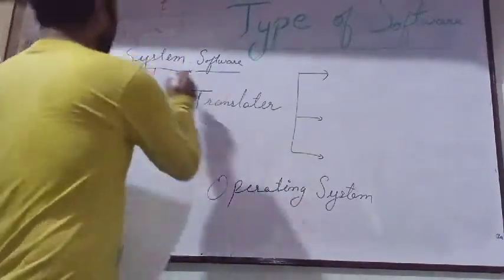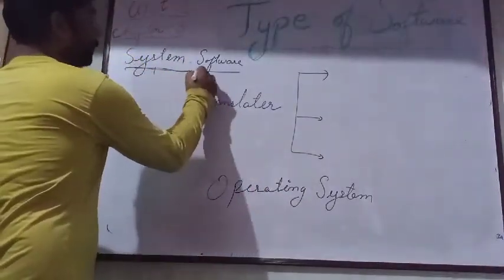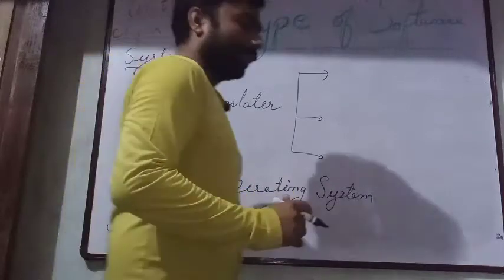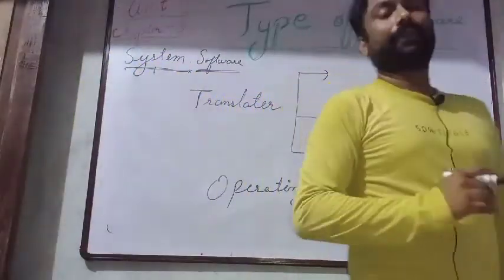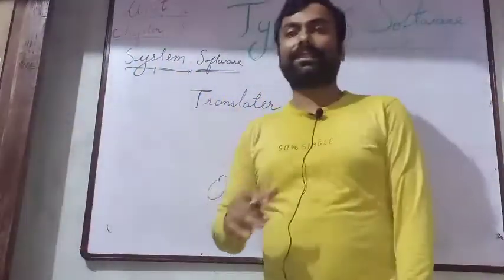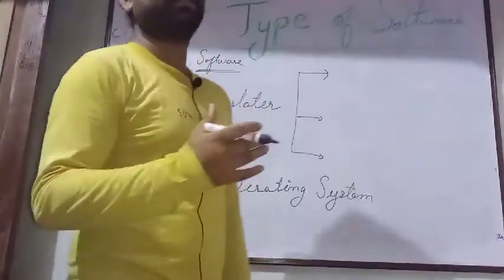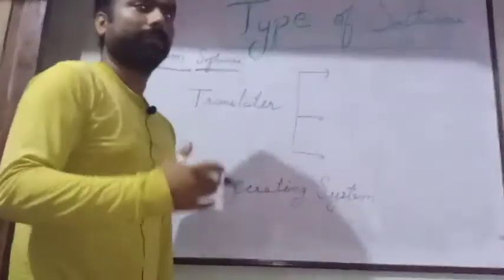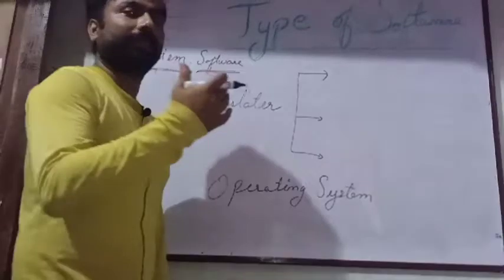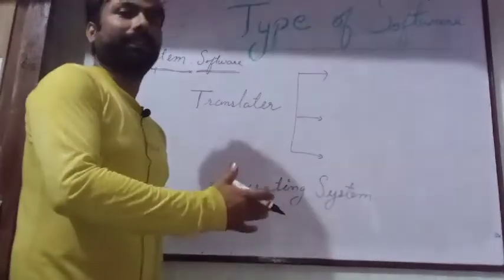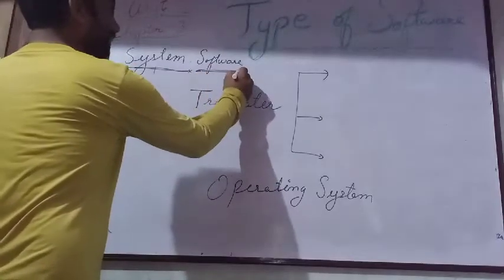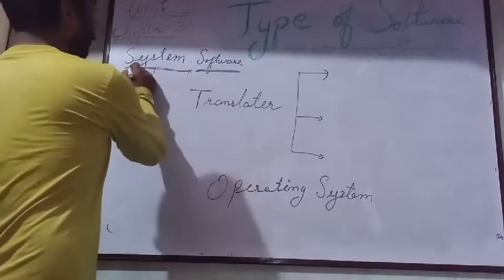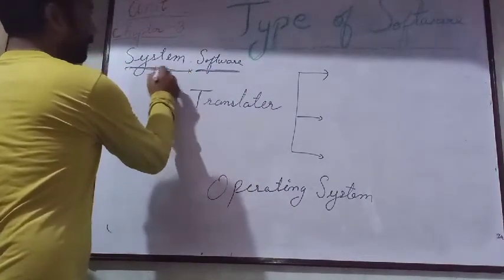Okay, so in the system software, first of all, those software which help the basic communication between the computer and the hardware. Those software are called a necessity of the computer, and we call them system software.